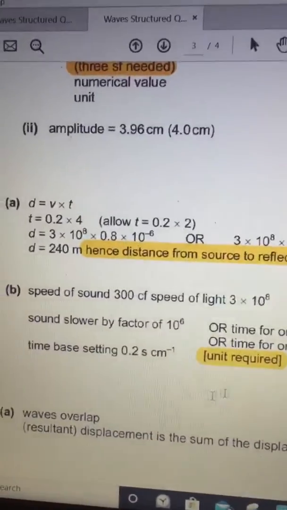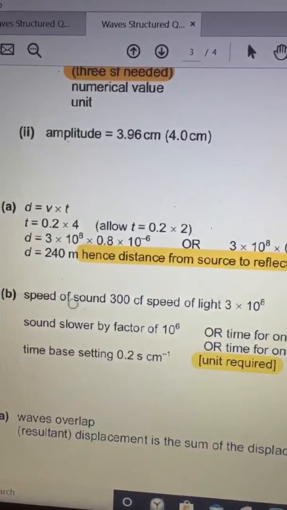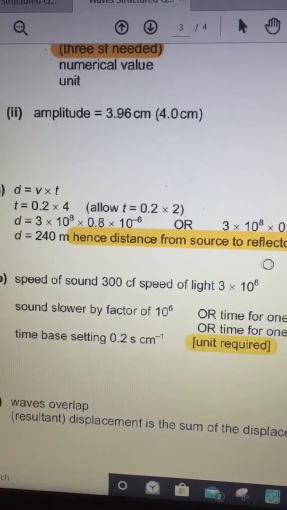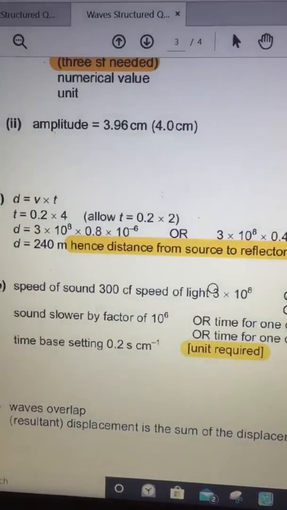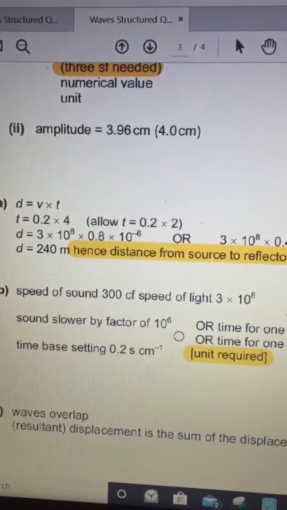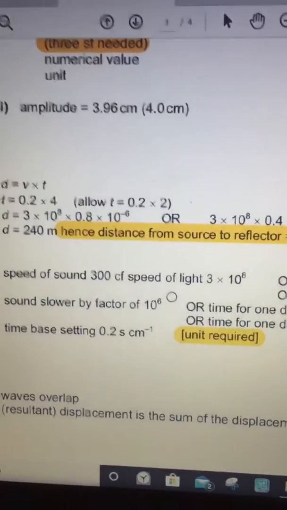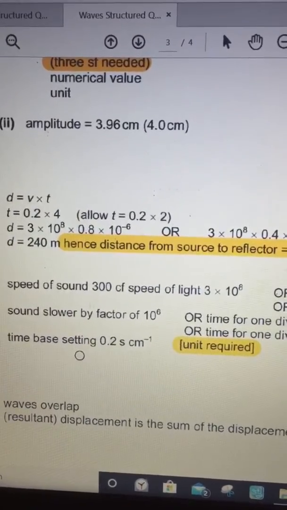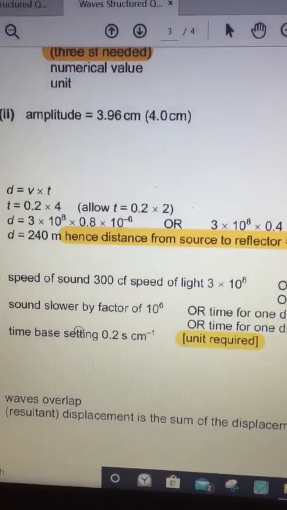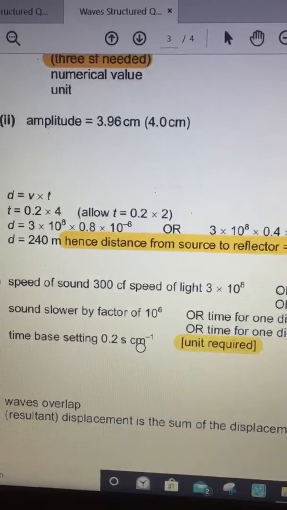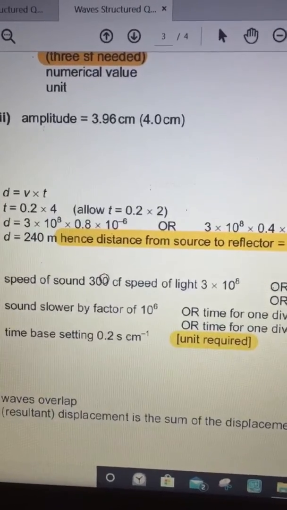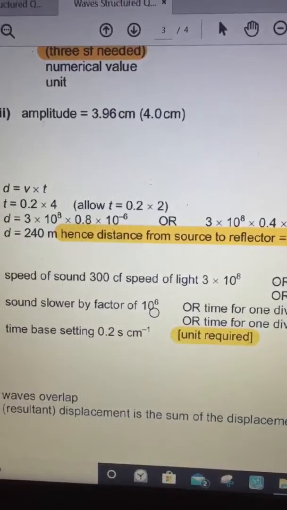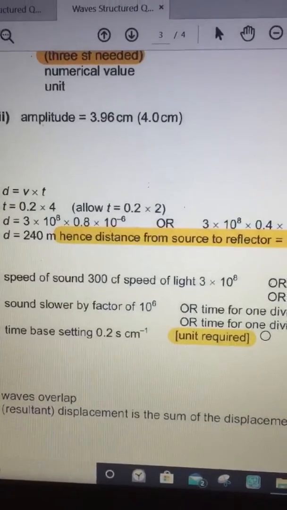There's also a shortcut argument you can use. The speed of sound is 300 compared to the speed of radio wave, which is 3 times 10 to the power 8, which means the speed of sound is about 10 to the power 6 times lower than the radio wave. That means the time denoted by the base is about 10 to the power 6 times greater. Speed is equal to distance over time, so speed and time are inversely proportional.